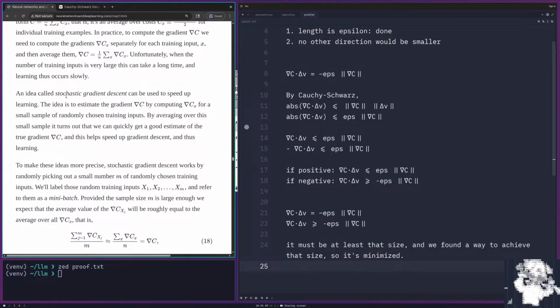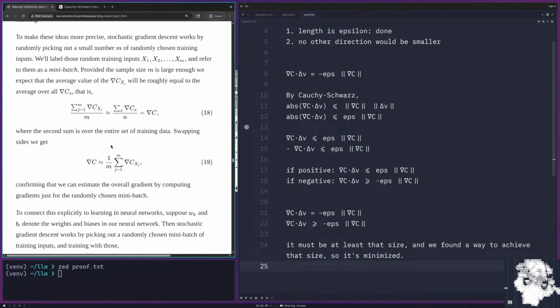An idea called stochastic gradient descent can be used to speed up learning. The idea is to estimate the gradient grad C by computing grad Cx for a small sample of randomly chosen training inputs. By averaging over this small sample, it turns out we can quickly get a good estimate of the true gradient grad C, and this helps speed up gradient descent and thus learning.